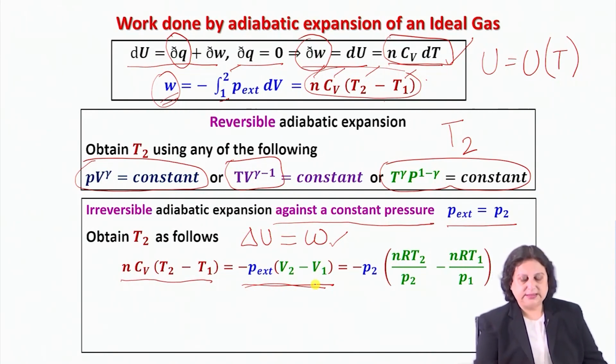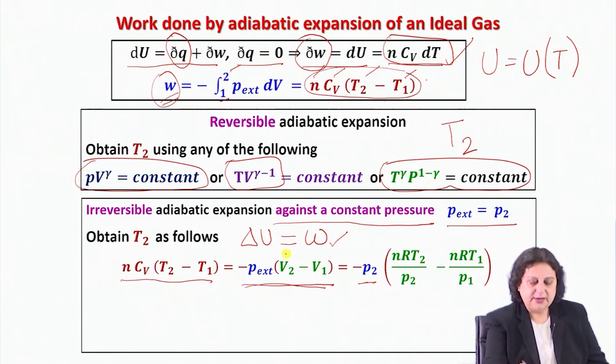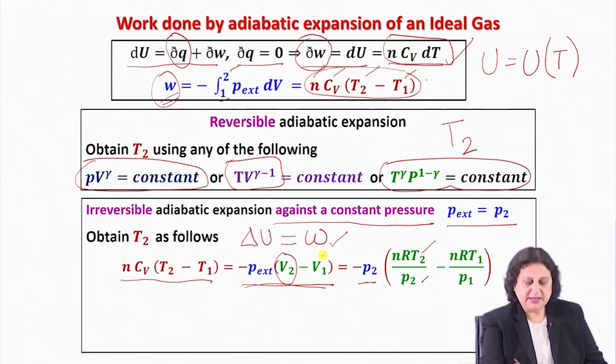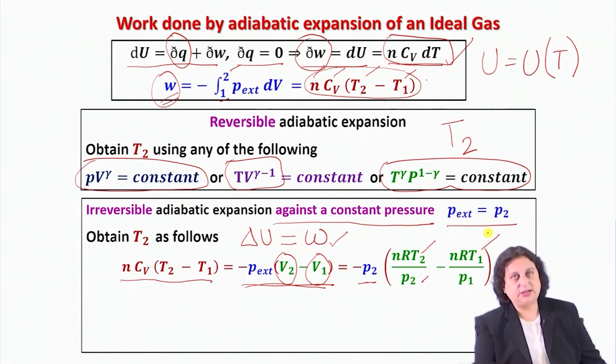What I will do is I will replace P external by P2, and I will replace V2 in terms of the final temperature T2 and the final pressure P2, and I will replace V1 in terms of the initial temperature T1 and the initial pressure P1. So now what do I have?